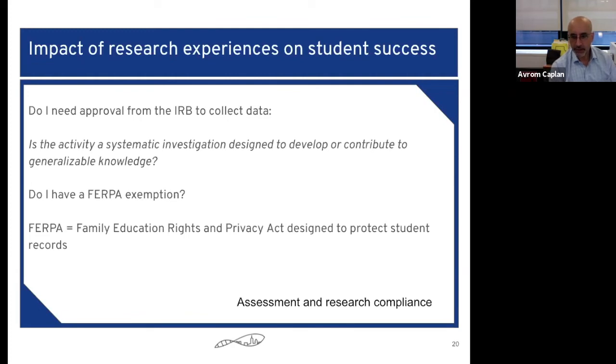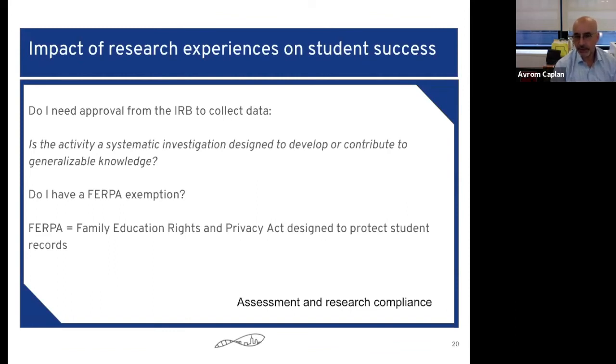Now, if you're asking the question, how does my class improve student success over the long term or student attitudes to science, you will need IRB approval. And in fact, the IRB will look at your consent form and your surveys and make sure that they conform to high ethical standards for human subjects research. The other question you have to answer is, do I need a FERPA exemption?